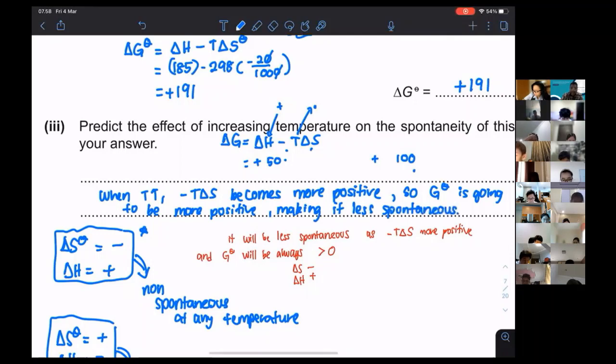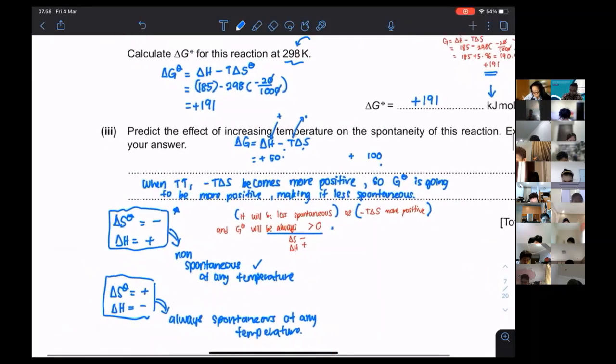But if you ask me, the best answer will be, even though it's less spontaneous, you can include that you know it's non-spontaneous at any temperature, so it will always be more than 0. But it is not found in the marking key. They are just focused on these two.